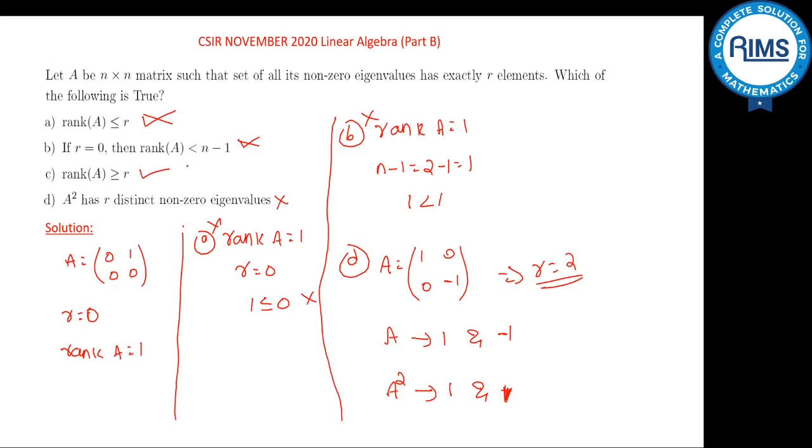And how can we prove option C is true? Given that r is the total number of non-zero eigenvalues, the number of non-zero eigenvalues equals r. For an n by n matrix, it contains a total of n eigenvalues, right? So what is the total number of zero eigenvalues?